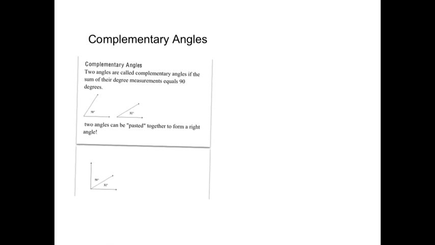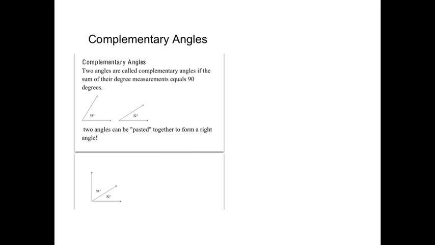All right, let's take a quick look at complementary angles as well. Here's the definition. 2 angles are complementary angles if the sum of their degree measurements equals 90 degrees. So that basically means that something plus another something equals 90 degrees.